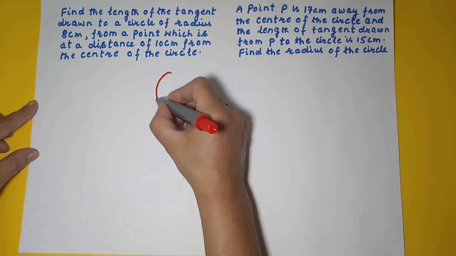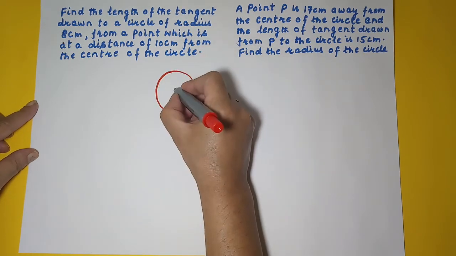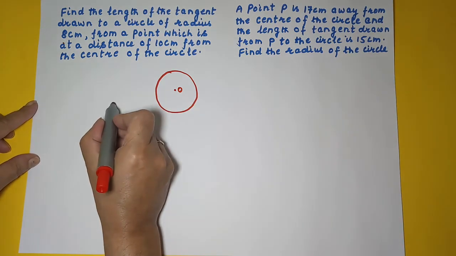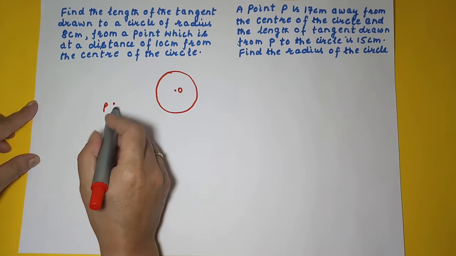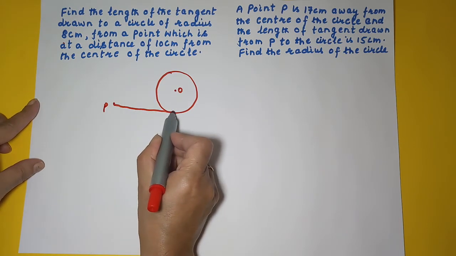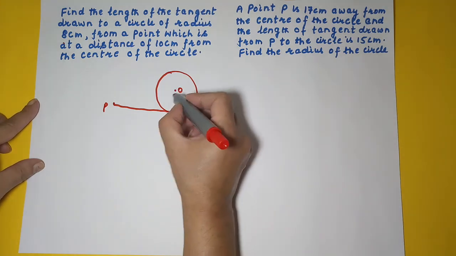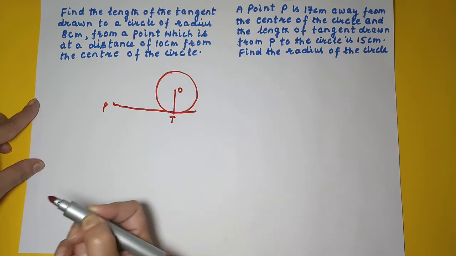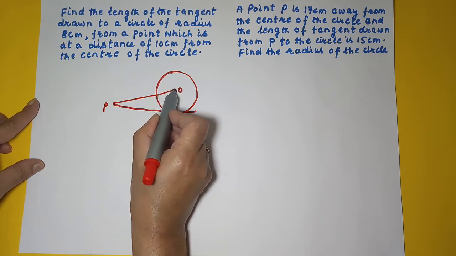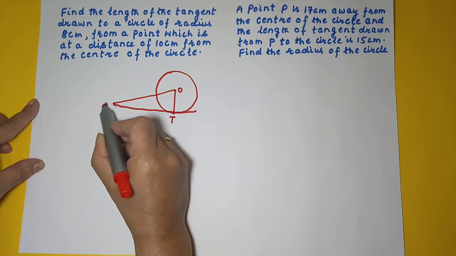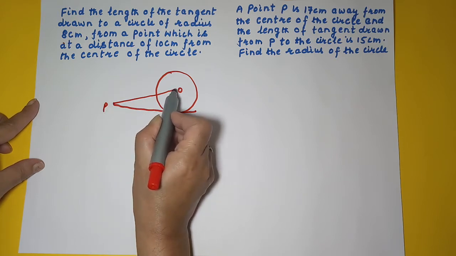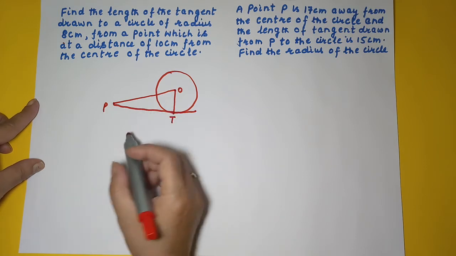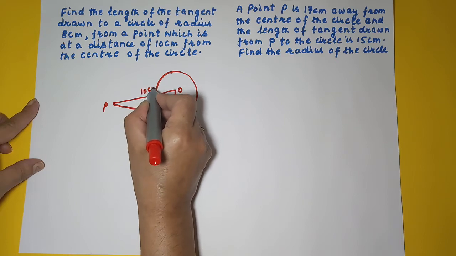So, if we have a circle like this, and O is the center of the circle, he's saying that there is a point P which is lying outside the circle, and from P, if we draw a tangent to this circle, and then we join this point of contact, let's name this as T, and join O to P. That becomes the distance of this point P from the center of the circle, and he's saying that this point P from which we are drawing a tangent to this circle is 10 centimeters away from the center of the circle.